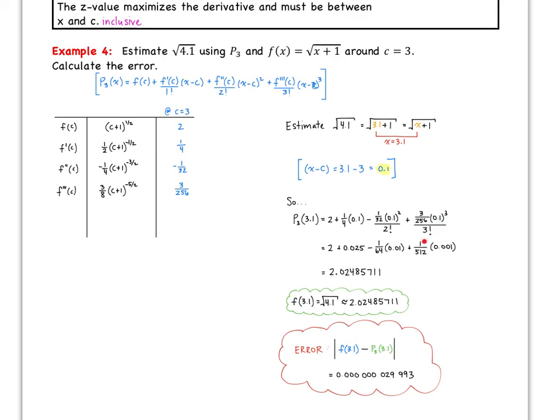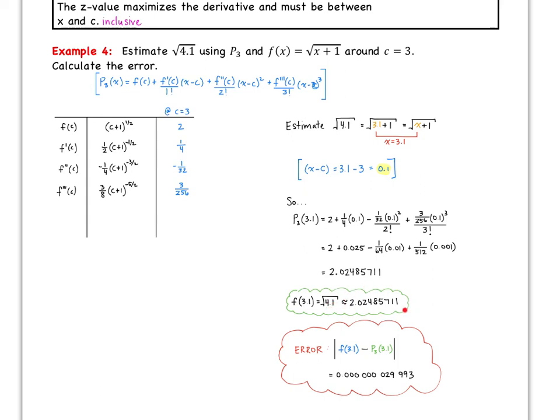You probably will be using a calculator to plug all of these in, and we see that the third degree Taylor approximation is 2.024857111.